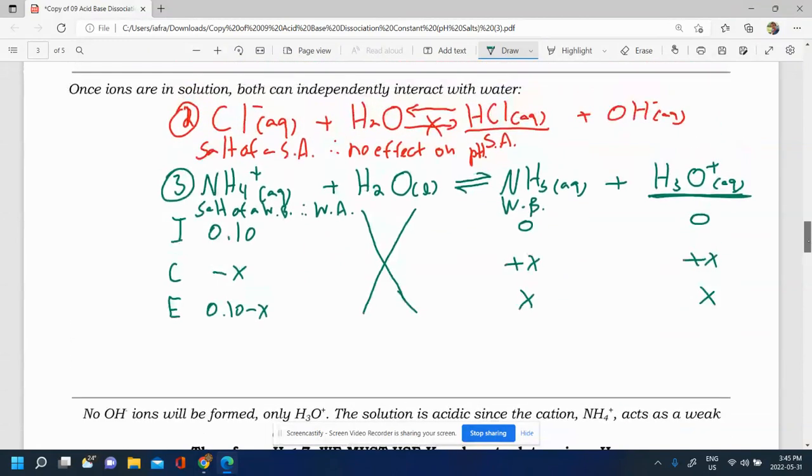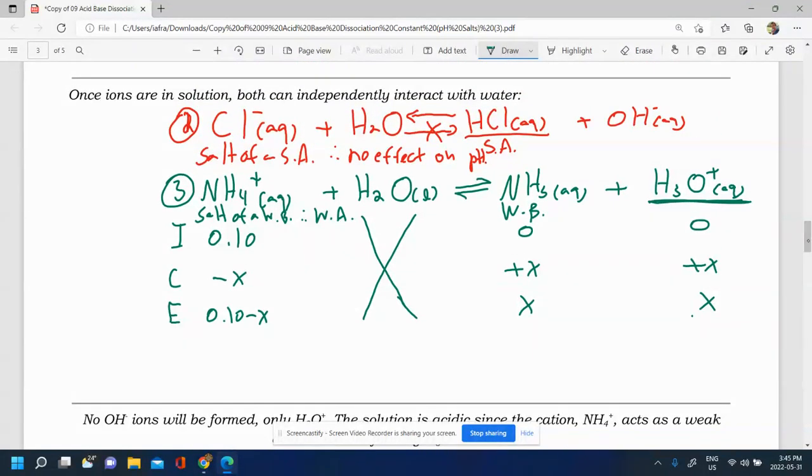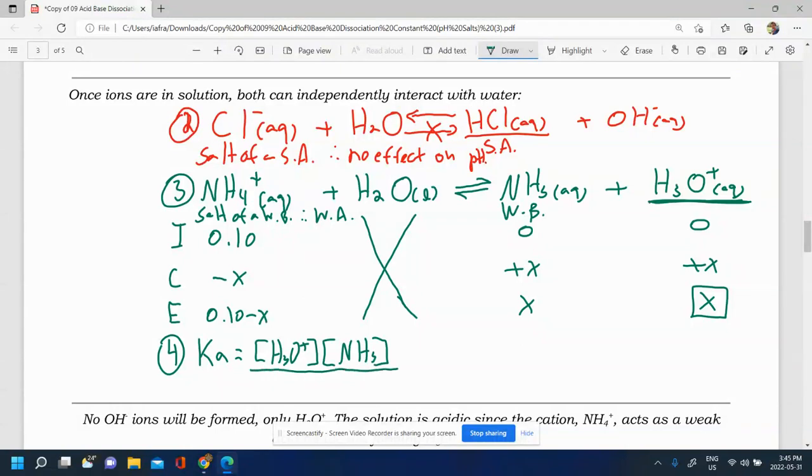So we are just going to try to find the x value over here to find the H3O plus in order to determine the pH. So we have NH4 plus. We're writing a Ka expression because it's a weak acid. So Ka is going to be equal to the H3O plus times the NH3 over the NH4 plus.